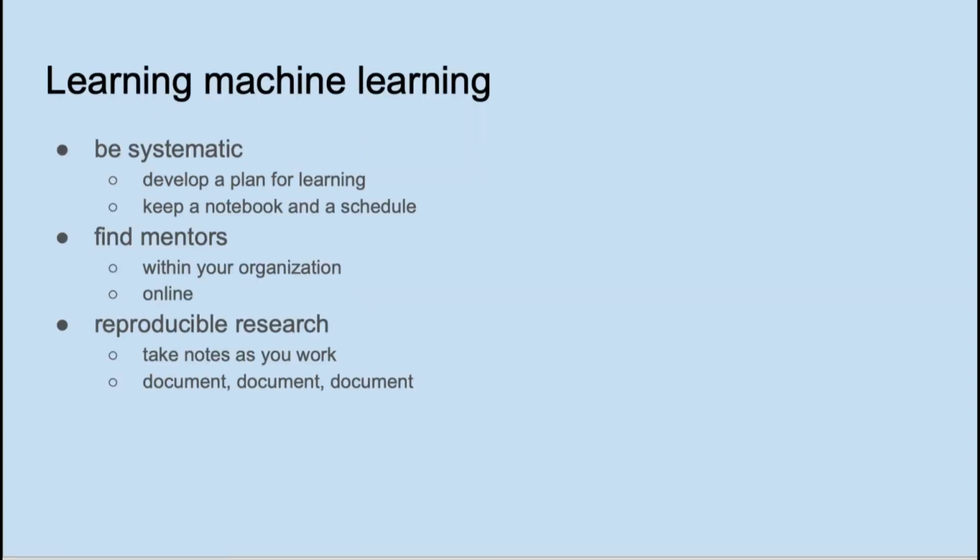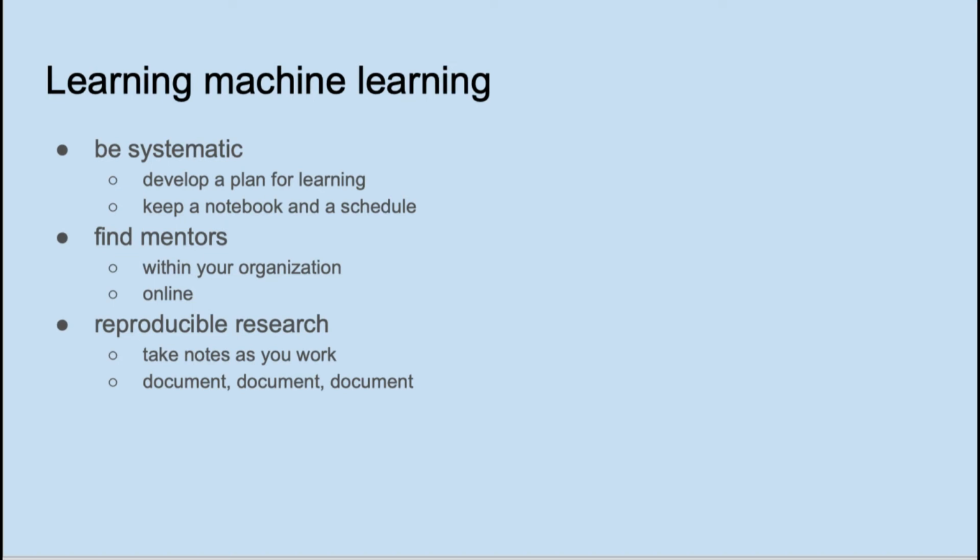Machine learning is as much a craft as a science, and like any craft, it takes time to learn. Beyond these few weeks in the class, there are tons of free materials out there. And beyond that, I have some specific suggestions for long-term learning. Number 1, be systematic. Have a plan for learning, a regular schedule, and keep a notebook of your activities and your goals.